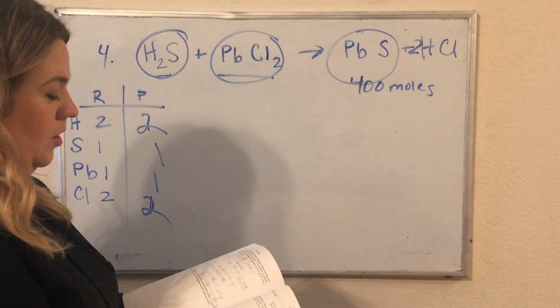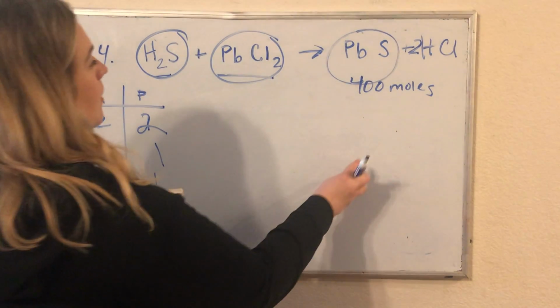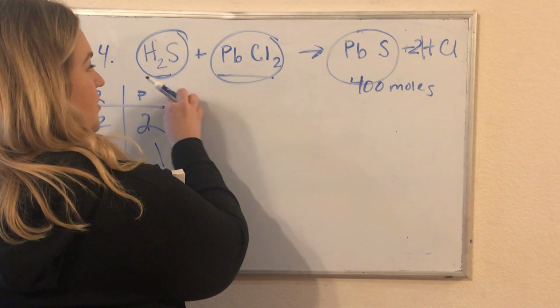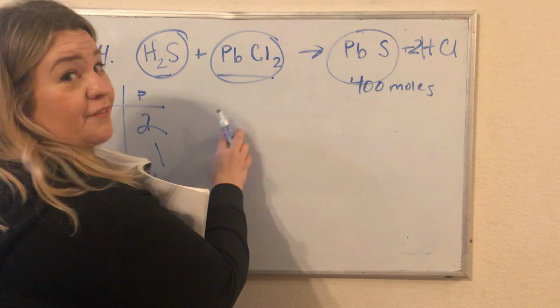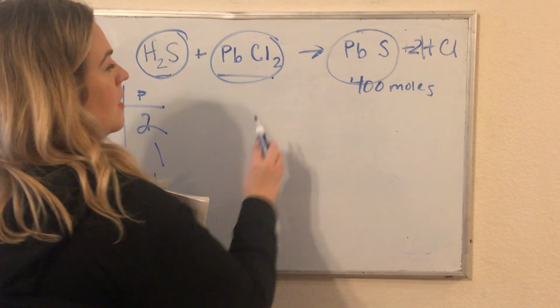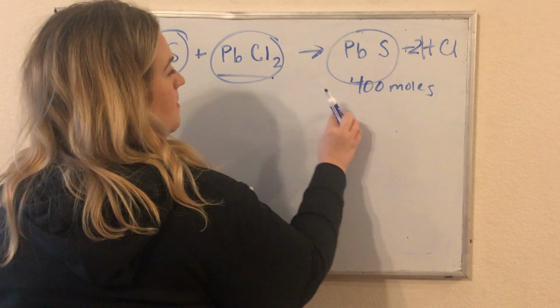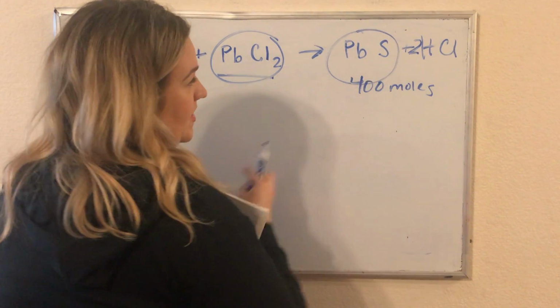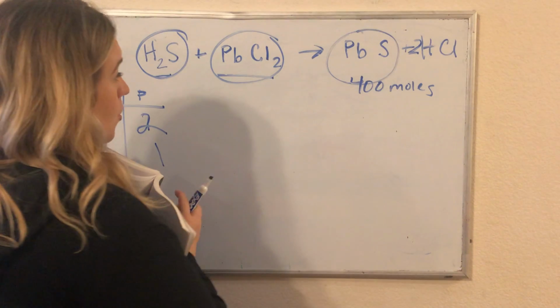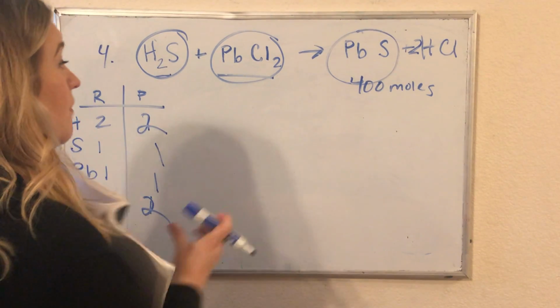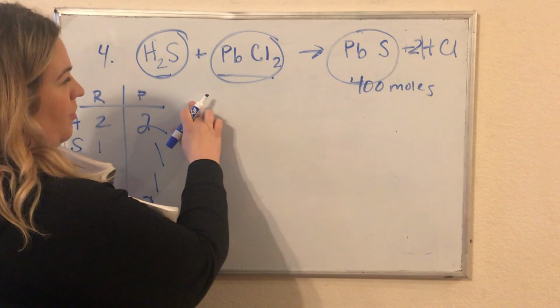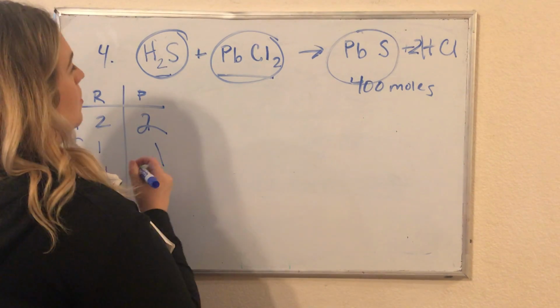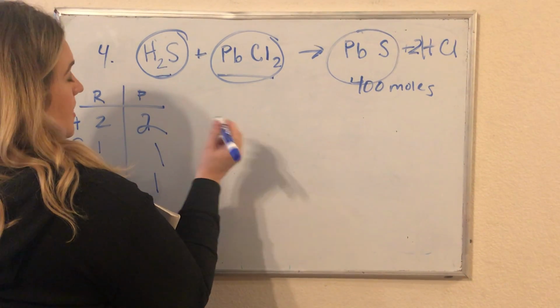Okay, so we are trying to find out how many moles of each, actually grams, but first we need to find the moles to find the grams that is needed to make 400 moles of lead 2 sulfide. So we're going to find the mole ratio of not just one reactant but both, okay? So it's pretty simple.